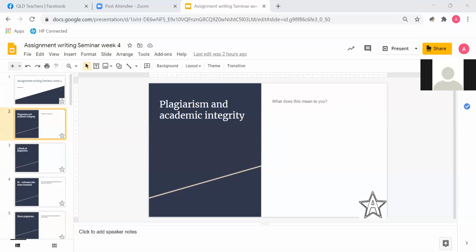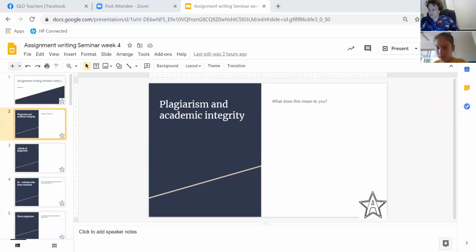What about the term academic integrity? This is a really big, important one. Take a minute or two to think what the term integrity means and then how that applies to your school.